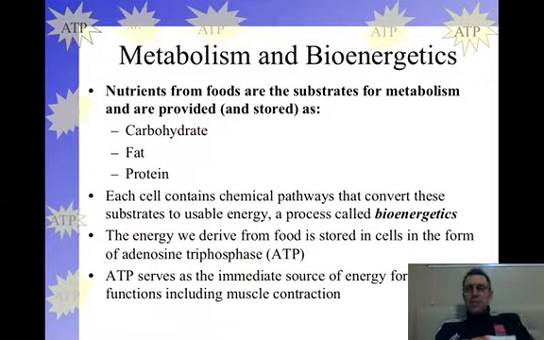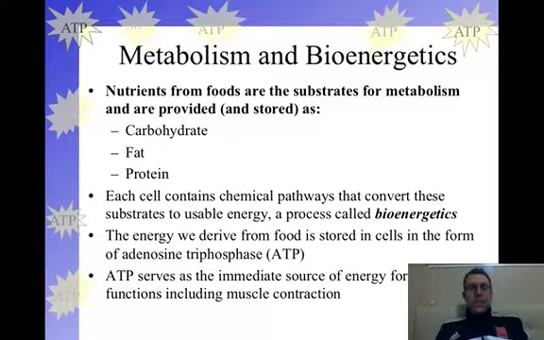All right, so metabolism and bioenergetics. Yes, as you already know, surely, nutrients of the foods are the substrates that we use for metabolism. They come through carbohydrates, fats, and proteins. You have a little bit of background on the three so far in this course. Obviously, we obtain these through food sources.